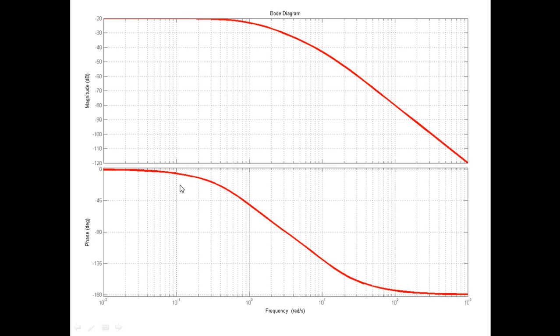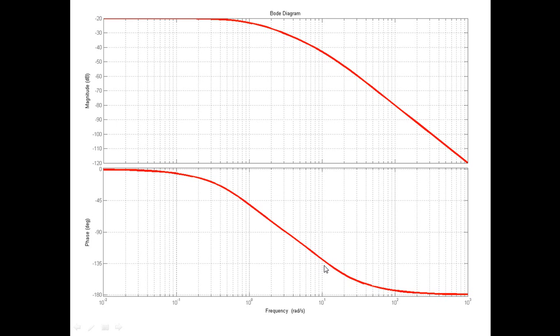And the same for this phase angle. Before frequency 0.1, I have almost 0 angle, and for the frequencies after 100, I have minus 180, and in between I have almost a straight line.